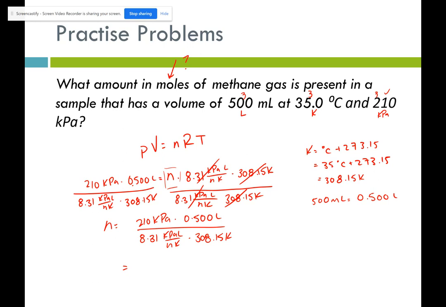So we said 3 significant figures, so we have 0.0410 moles. Okay, so that's the amount in moles we have of 500 mils at 35 degrees Celsius and 210 kilopascals of methane gas. And again, this gas could be any gas, it doesn't matter, but that's the gas that was given to us in this question.